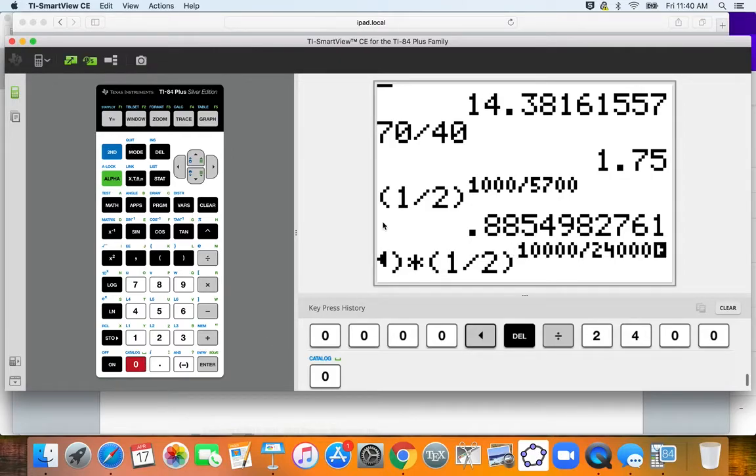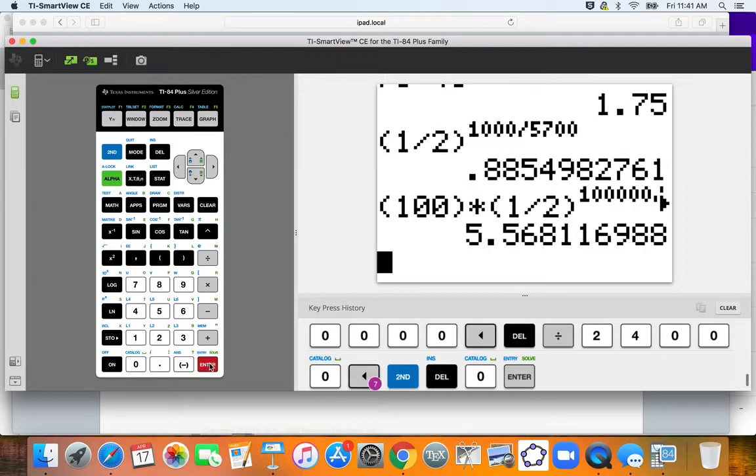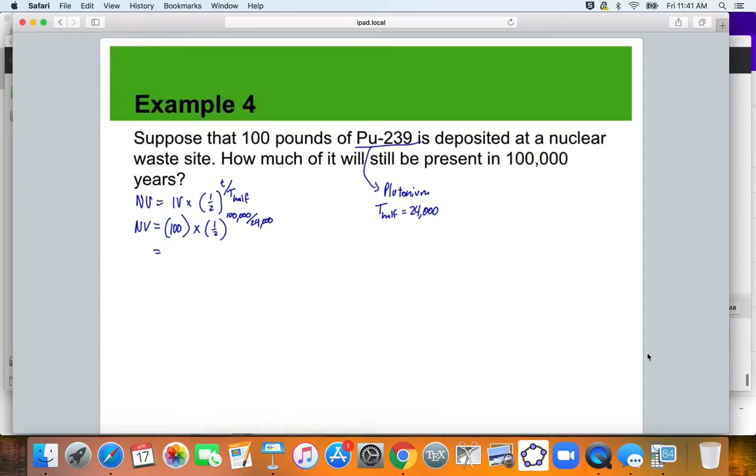No, that's 10,000. Sorry. And I do need one more zero here. Okay. All right, so there's about 5.6 pounds remaining.